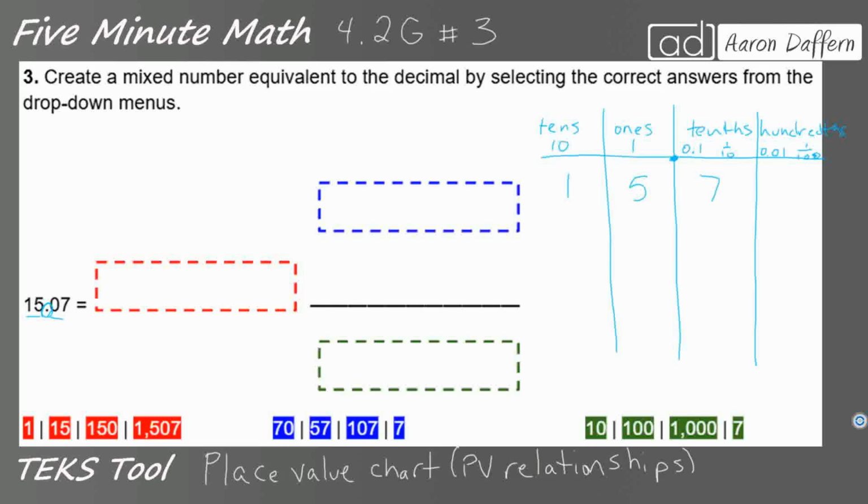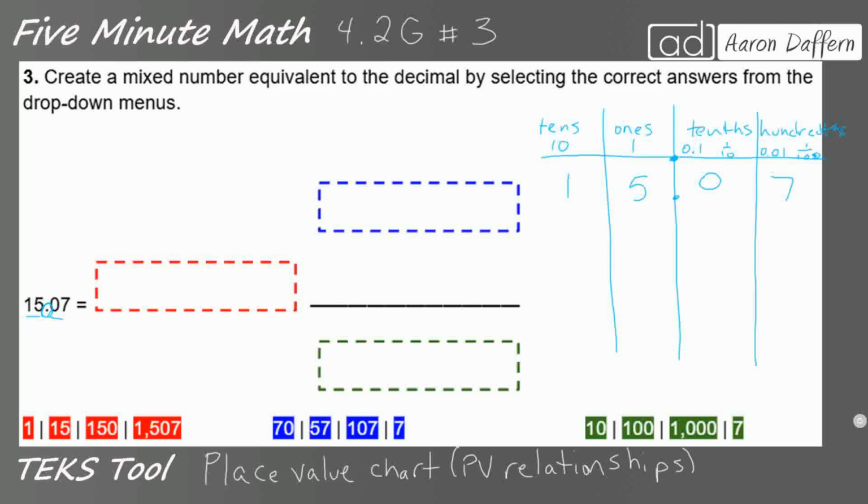If I just put this right here as a 7, I have now changed the number. And so that 0 is going to be extremely important. And so let's make sure that we don't just put a 7, because that would be 15 and 7 tenths. I need 15.07, which is going to give me 7 hundredths.